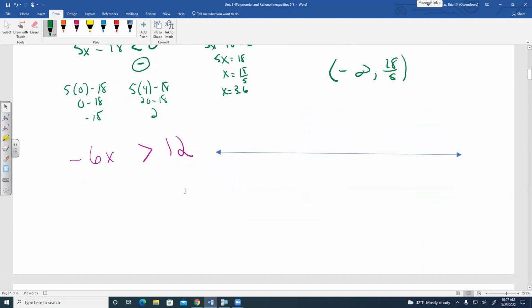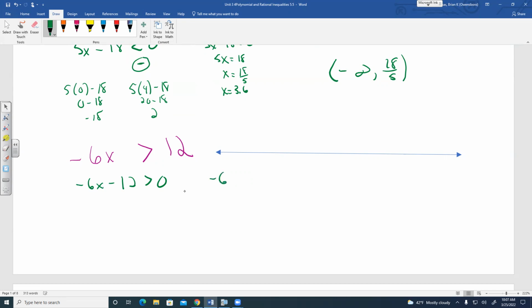So if we look at this example here, I have negative 6x is greater than 12. Again, to set this to 0, we have negative 6x minus 12 is going to be greater than 0. So again, to understand the solution, we're going to find the actual x-intercept or 0.